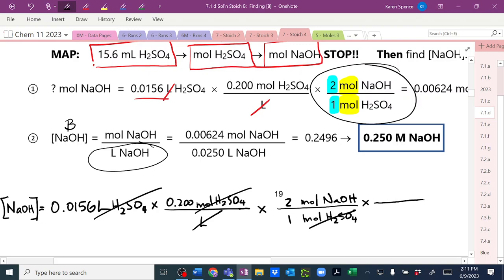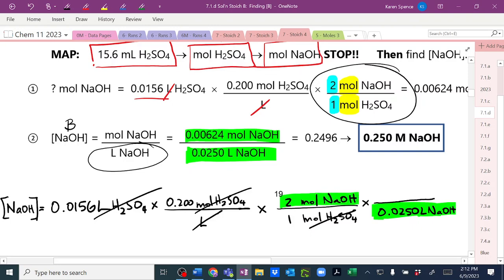You just put what you want to divide by on the bottom, because we want to divide by it. So that's going to be 0.0250 liters of NaOH. And on the top, I've already found my moles of NaOH.